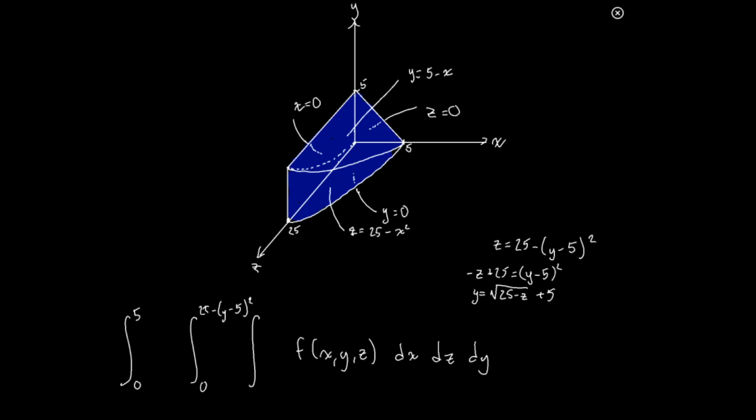And we have the equation for that. And we need to write it in terms of x. So it goes from x equals 0, right? All the way out to x equals 5 minus y. Okay, and again, we just rewrote it in terms of x.